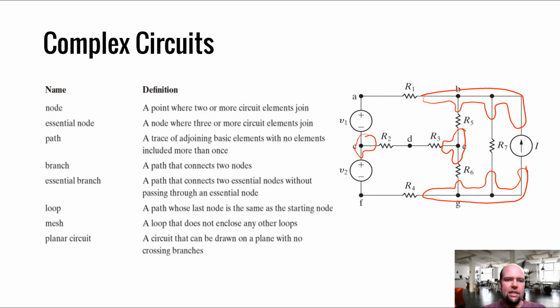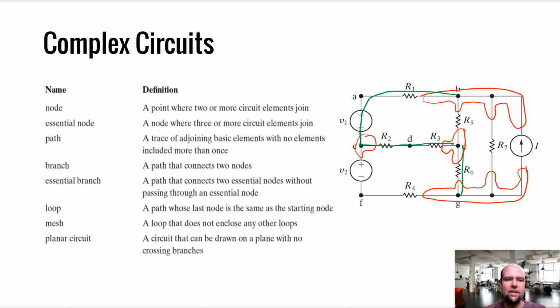Going back to essential branch, an essential branch is a path that connects two essential nodes without passing through an essential node. Let's change color here. So this would be an essential branch. And this would be an essential branch. And this would be an essential branch.